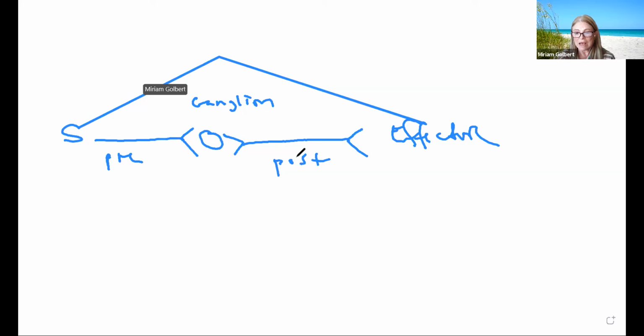So the ganglia are bodies of neurons outside the central nervous system. So it means that we have these bodies of neurons that are not in the brain, not in the spinal cord, but they're outside, right? So the preganglionic fiber has to synapse in the ganglion, right?